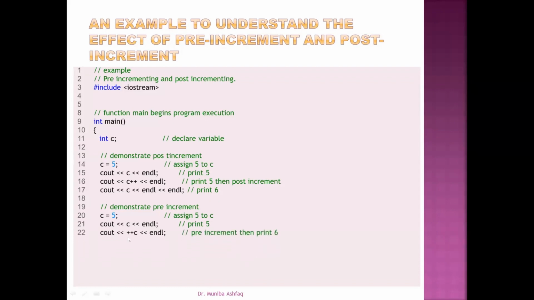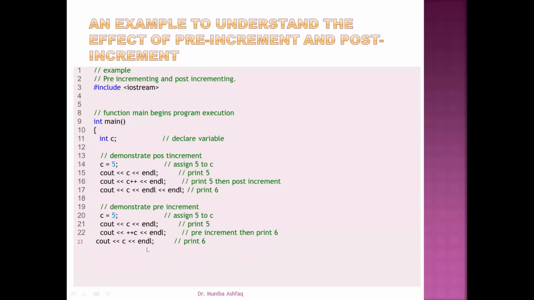Now if you write ++C, as this is pre-increment, the value is changed first, and then the expression is evaluated after the incrementation. So incrementing by 1, it becomes 6. Now C contains the value 6, so if you display the value, it will print 6 on the screen.